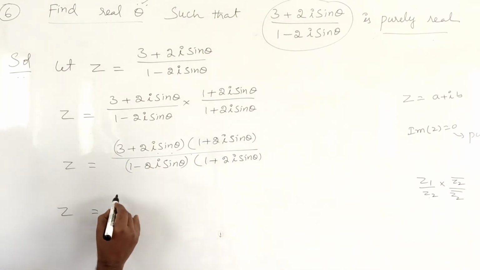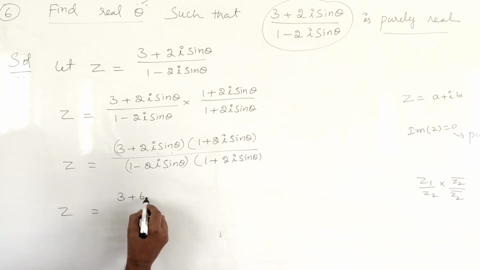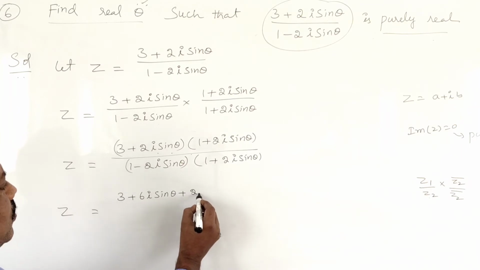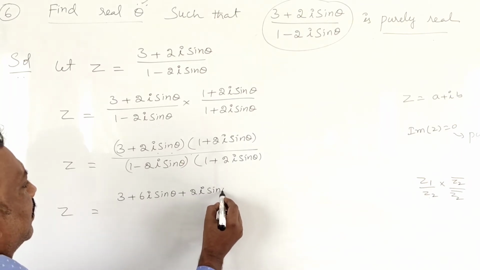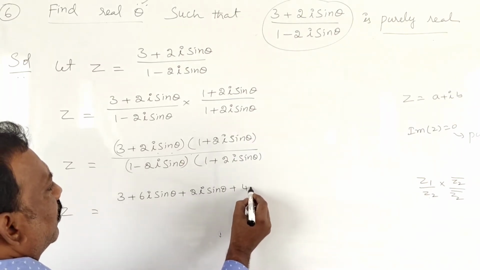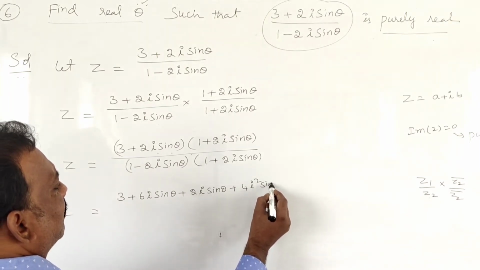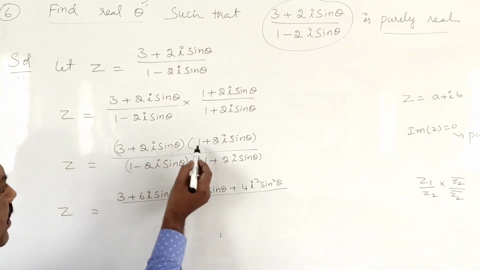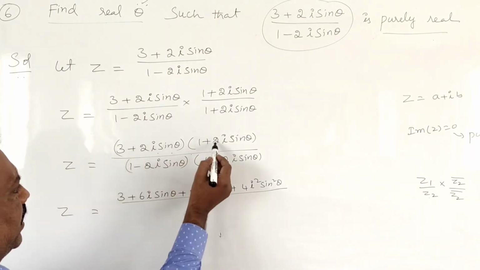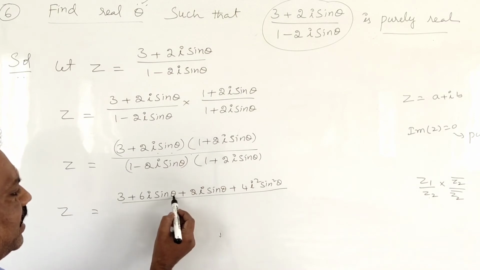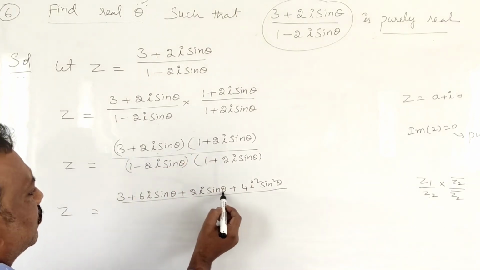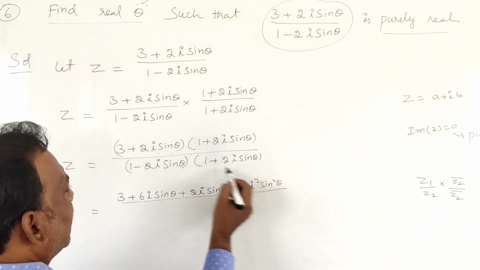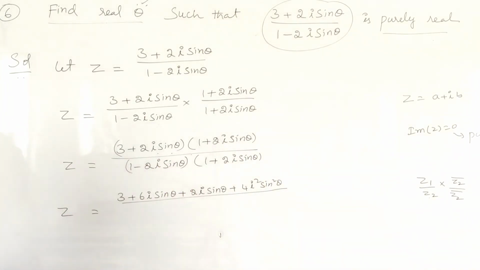Multiply the numerator: 3 + 6i sin theta + 2i sin theta + 4i square sin square theta. I did just direct multiplication. 3 into 1 is 3, plus 3 into 2 is 6i sin theta, plus 2 into 1 is 2i sin theta, plus 2 into 2 is 4i into i square, sin theta into sin theta, sin square theta.